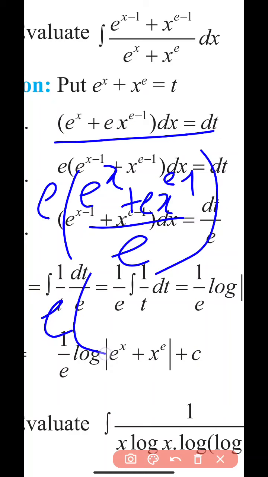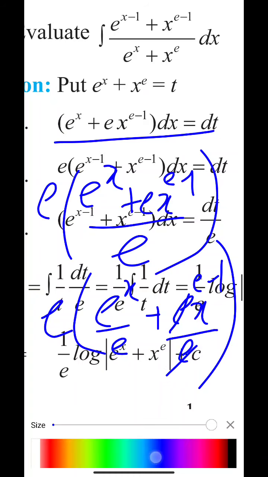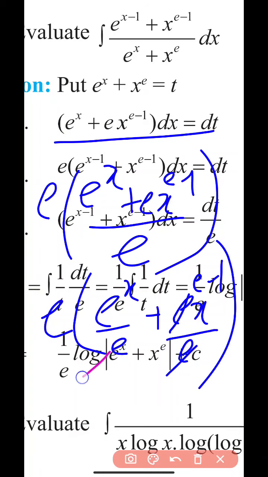Then you separate them because it's a common base. Right? So here you can see this e gets cancelled with this, right? And the important thing I have to explain here is the power relation.